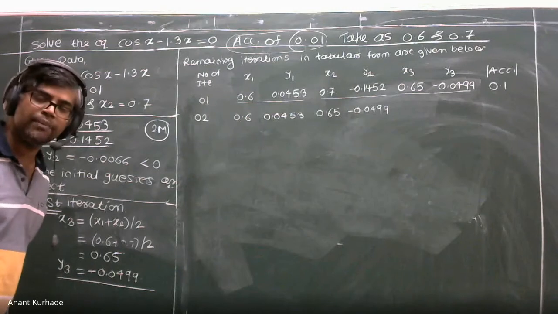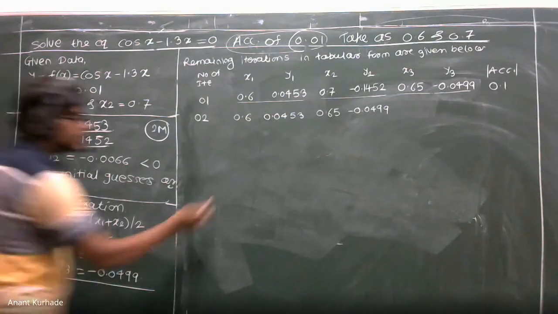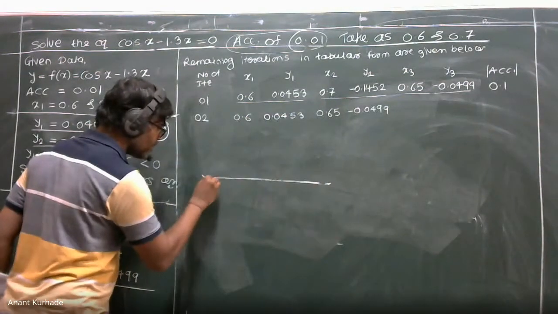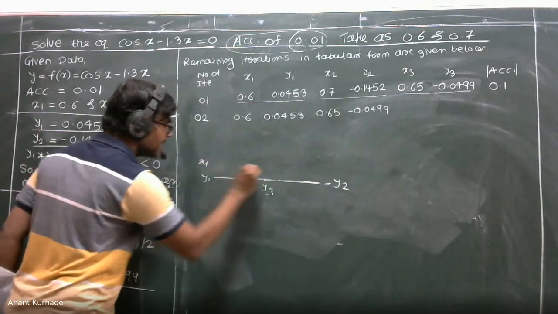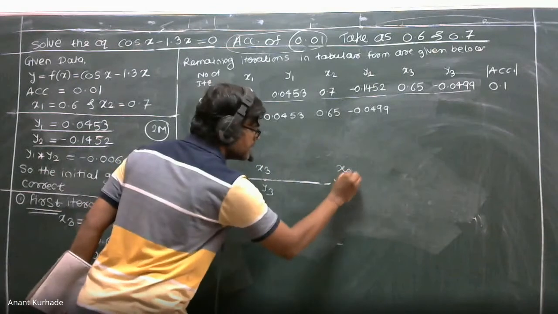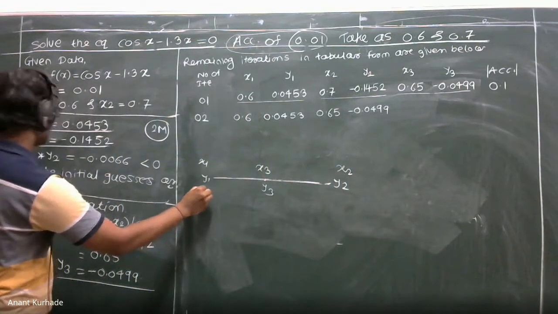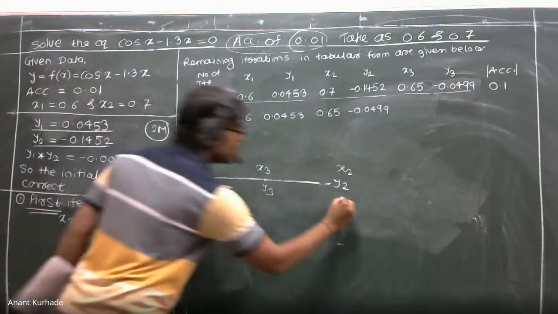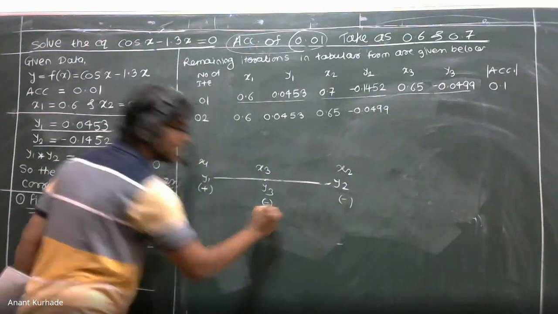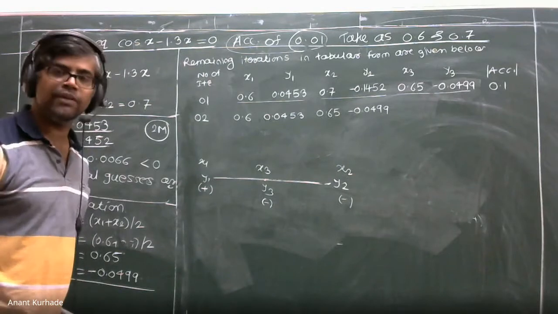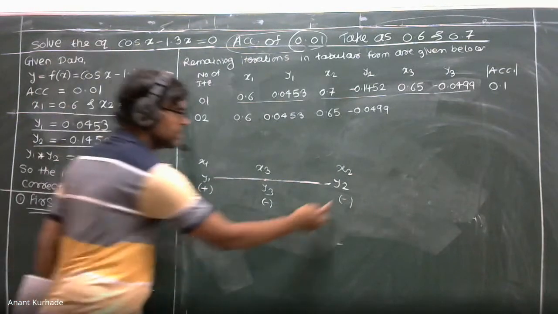So what is our requirement? Take y1, y2, and here we have y3. So this is x1, this is x3, this is x2. Now y1 is having plus sign, y2 is having minus sign, and y3 is having minus sign. So we can utilize between one plus and one minus. So this is minus minus.